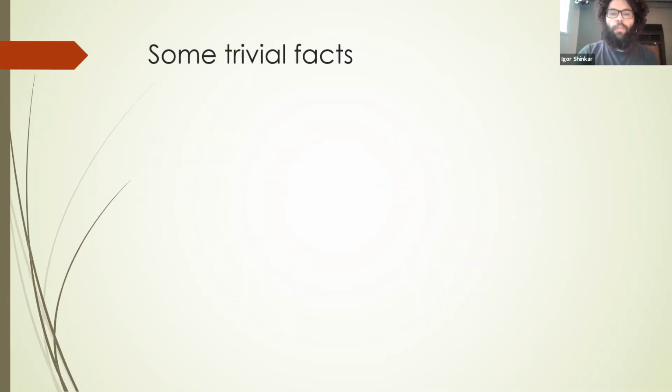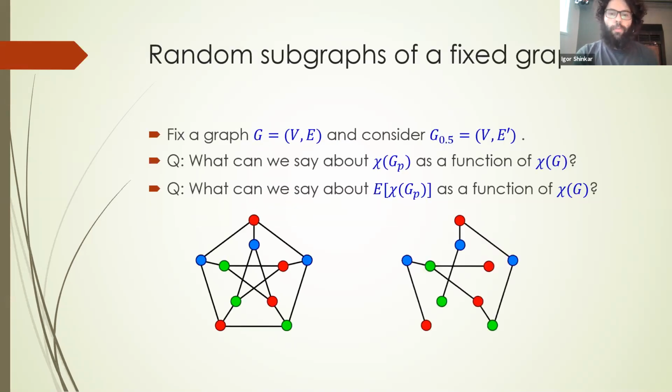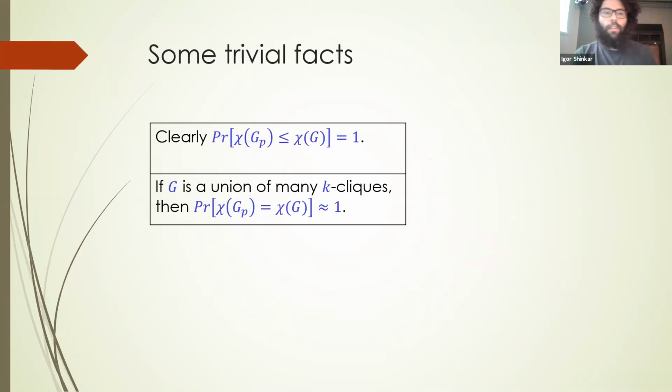Okay, let me give you a couple of examples. I enjoyed doing this picture so much that I put it on every slide. First of all, it's clear that the chromatic number only goes down, it can never go up. Also, let's say K is the chromatic number of a graph.